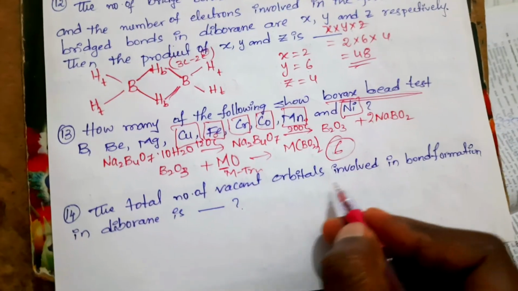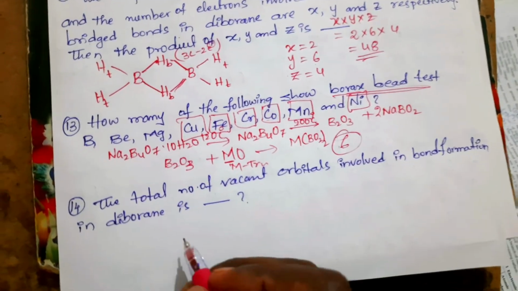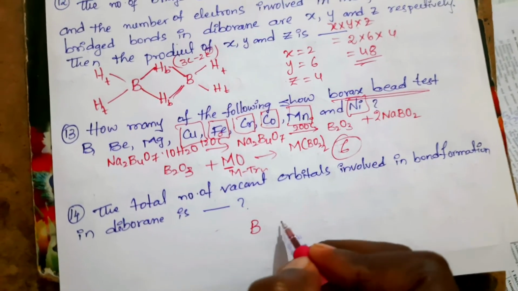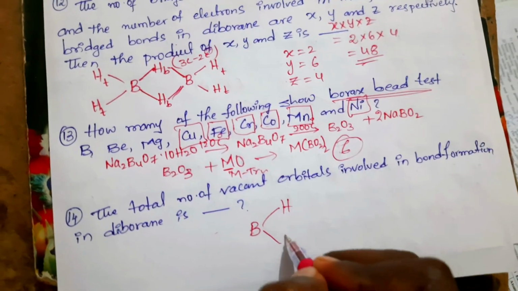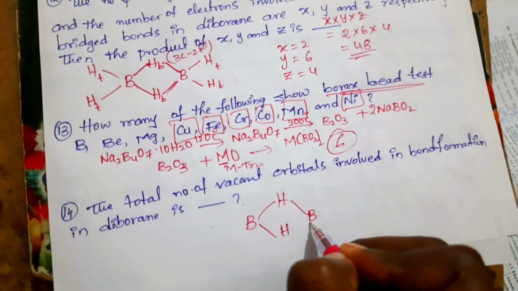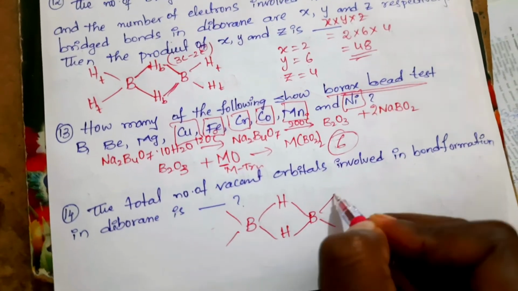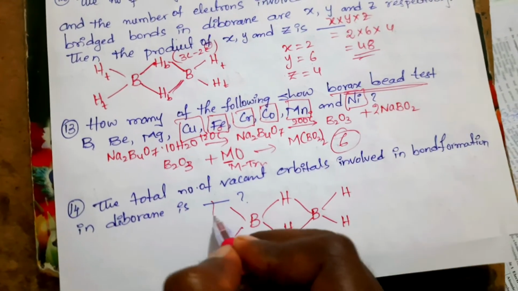Next, the total number of vacant orbitals involved in the bond formation of diborane. So this is the diborane structure. Here each boron atom participates in sp3 hybridization.